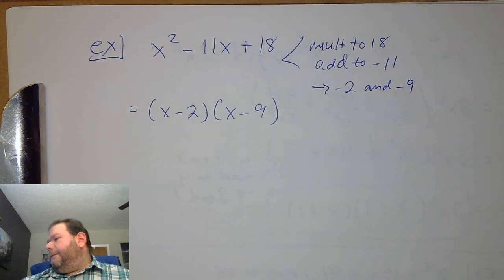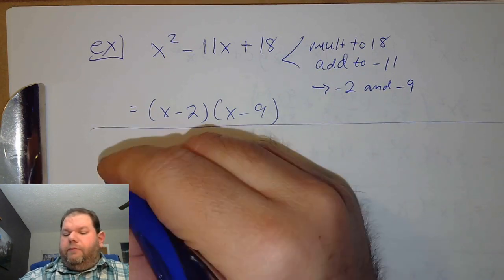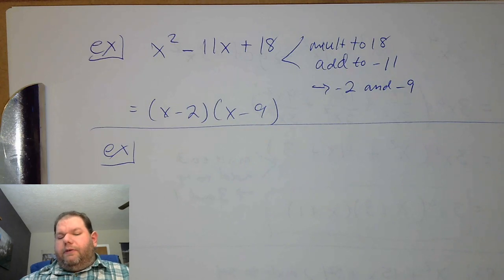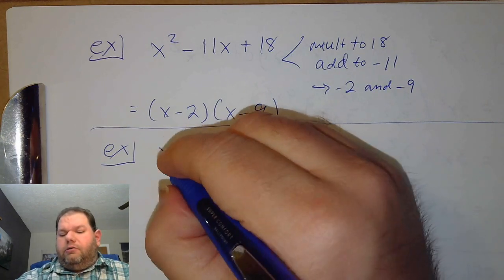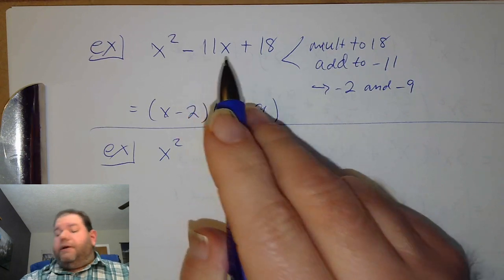Okay. So these examples are really not that different from where we had a positive there versus a negative.